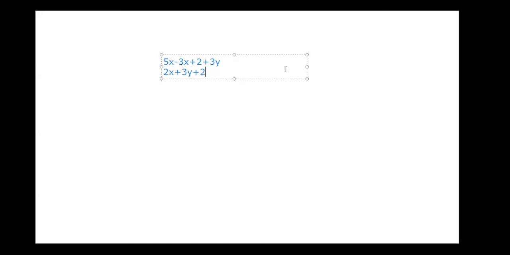Okay, let's do another one. If we go, let's say 8x plus 6y minus 4x plus 3.